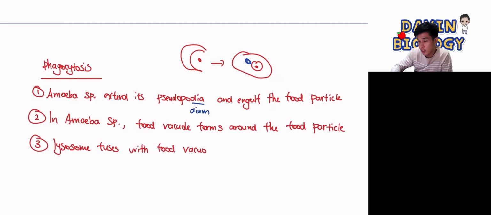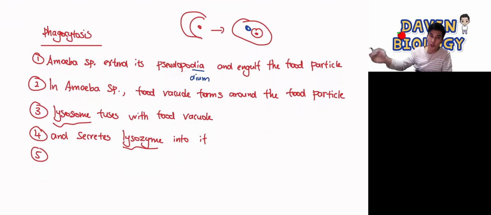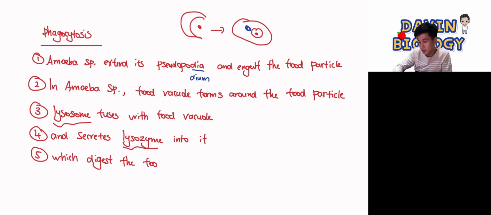And just like we did earlier, lysosome inside got a type of enzyme called lysozyme and secretes lysozyme into it. So you mention lysosome, 1 mark, lysozyme, another mark. What does lysozyme do? Digest the food, hydrolyze the food also can, which digests the food particle.